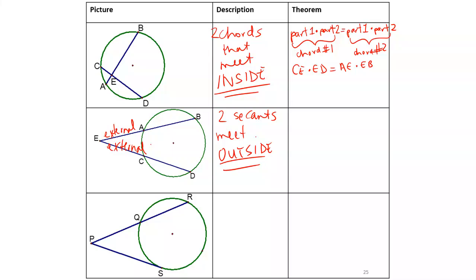The formula that you use to find any lengths here is the whole secant times its external part of secant number 1 is equal to the whole times the external part of secant number 2.